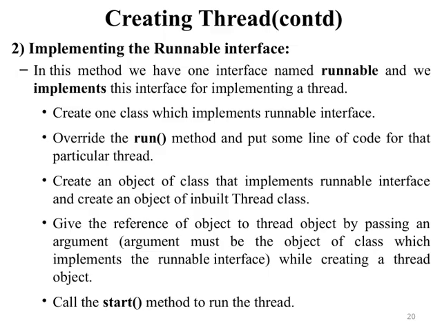This method kicks off the execution and calls your run method internally. This approach is particularly useful because it allows your class to extend from other classes if needed, since you're only implementing an interface. So in summary, implement Runnable, override run. Create your objects, pass the Runnable object to a Thread, and then call start. It's a clean and flexible way to create threads in Java.